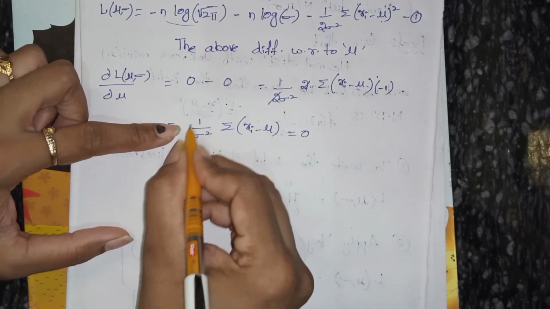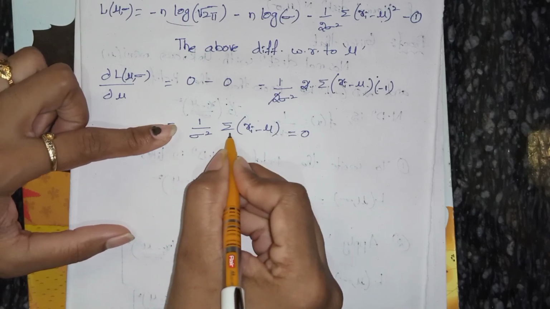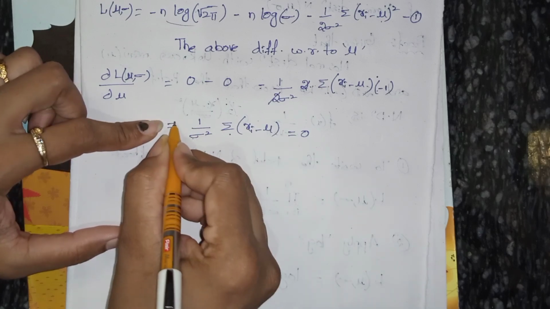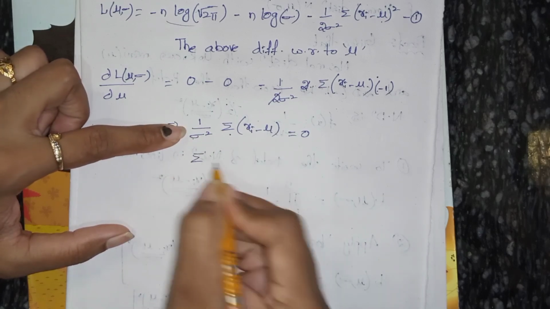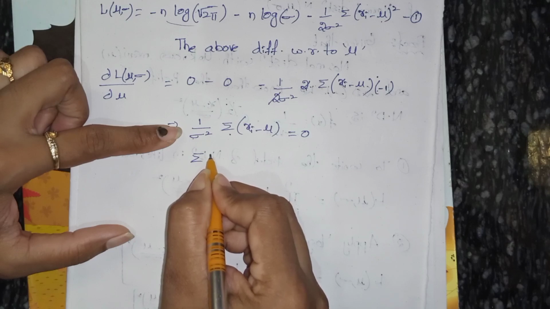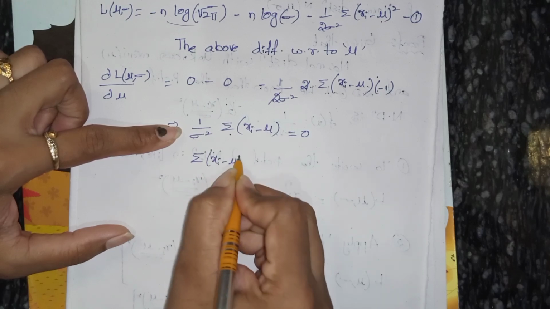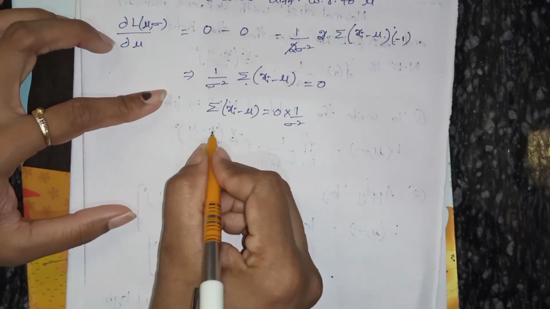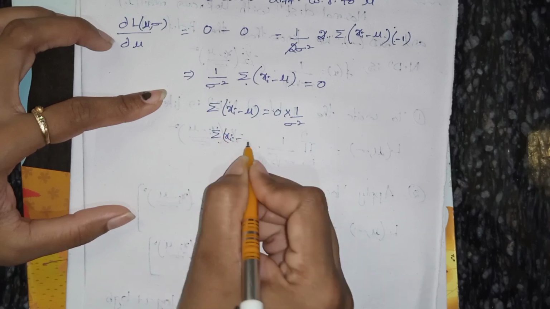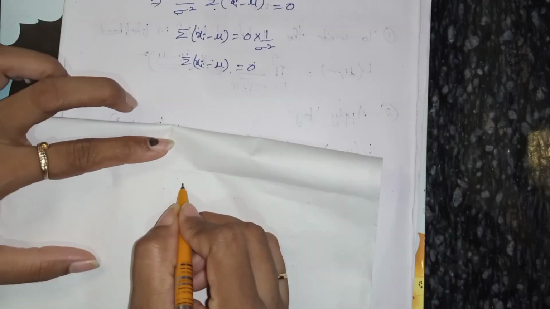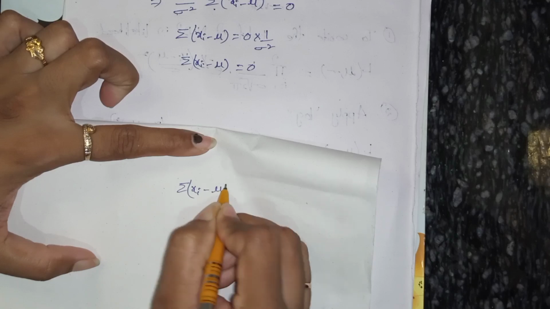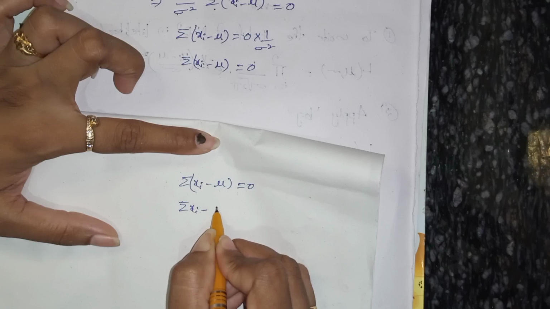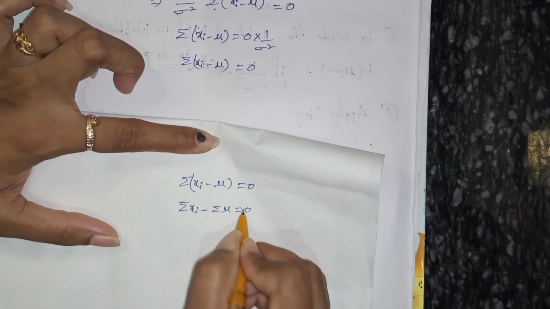What do we get here? This term from LHS to RHS becomes 0. That means summation (xi minus mu) equals 0 into 1 by sigma square, nothing but 0. So summation (xi minus mu) equals 0. So I am writing summation xi minus summation mu equals 0.